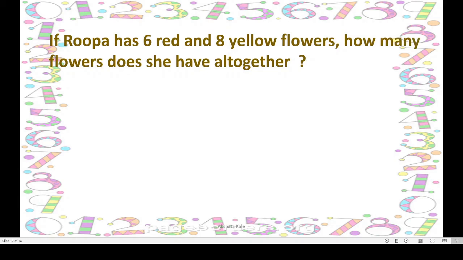If Rupa has 6 red and 8 yellow flowers, how many flowers does she have together? Yes, Rupa girl, she is having two types of flowers, that is red flowers and yellow flowers. Okay. Now, how many flowers does she have? We have to find out. Okay. Now, the answer. Come on, tell me the answer.